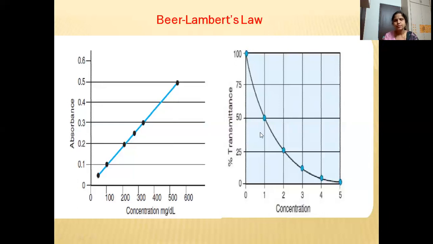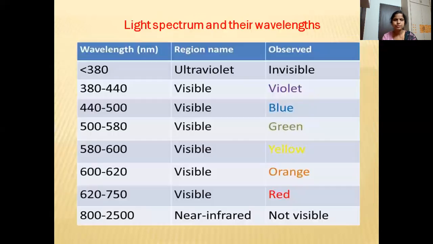Then what about transmittance? At higher concentration, what is happening to the transmittance? It is decreasing. At lower concentration, transmittance is high, whereas as the concentration is increasing, the transmittance is decreasing. So it is exactly inversely proportional to the absorbance.